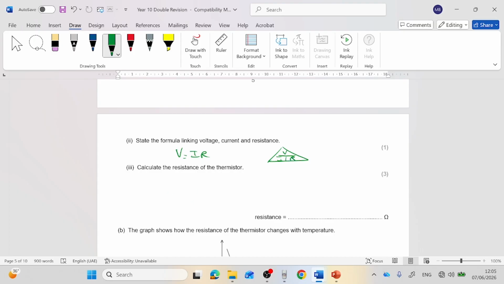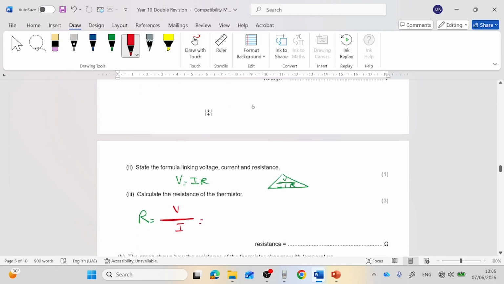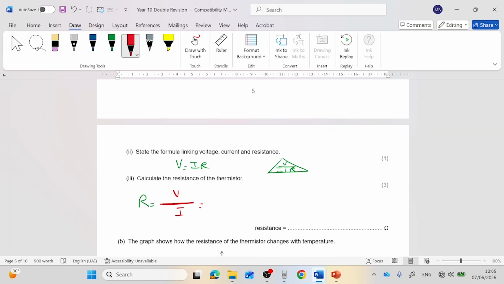Calculate the resistance of the thermistor. To calculate the resistance of the thermistor, we have to use Ohm's law. Although the temperature is not constant, we can use the instantaneous voltage and the instantaneous current. So R is equal to V over I. We have calculated the voltage in part one. It was 0.59.